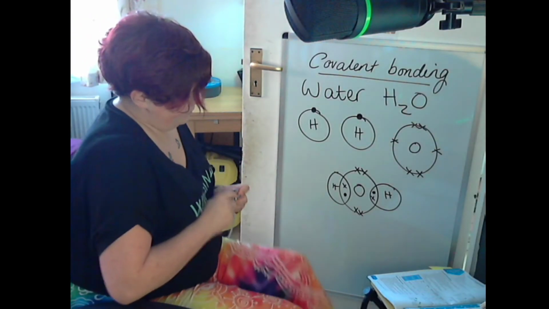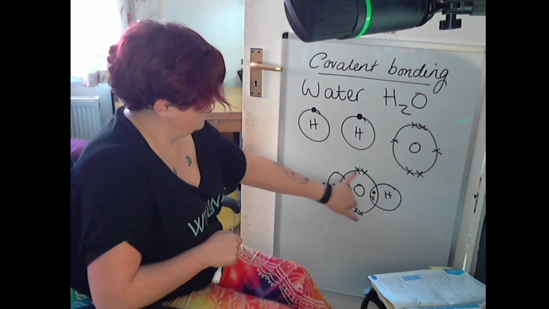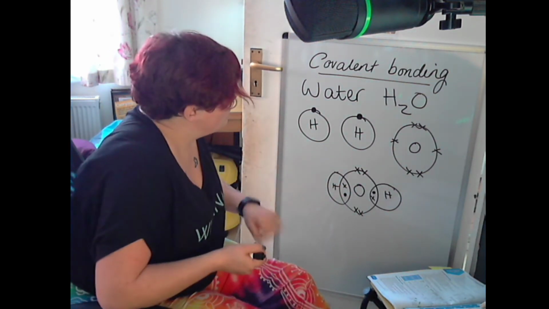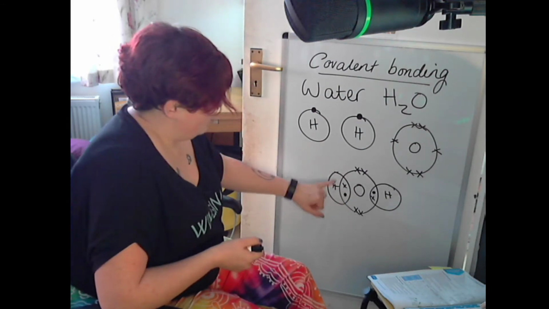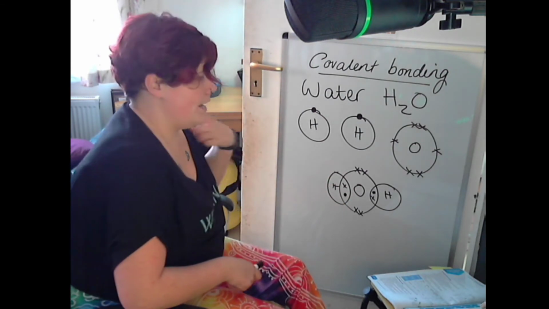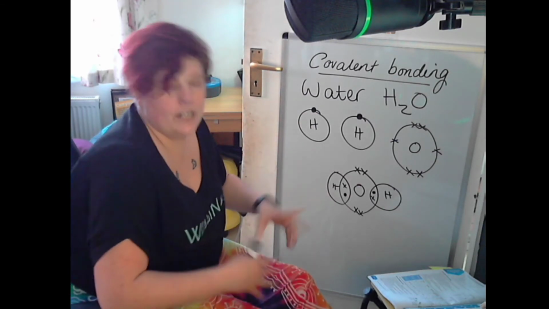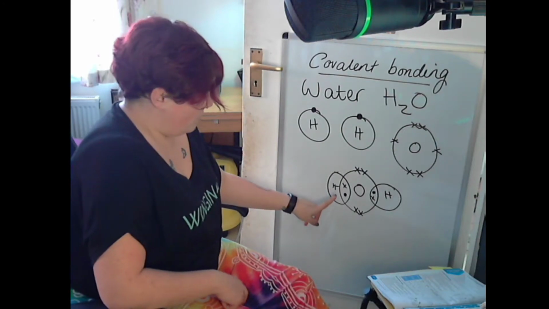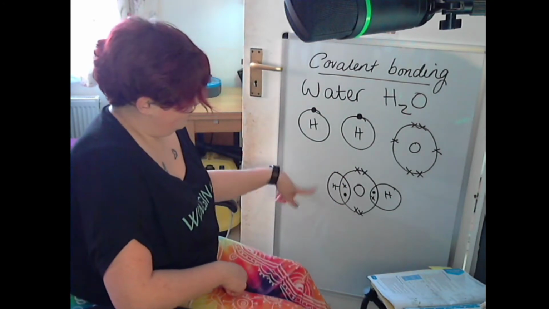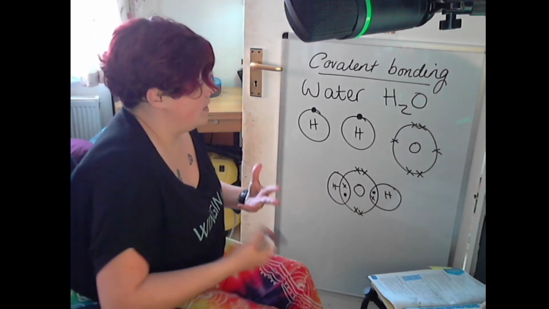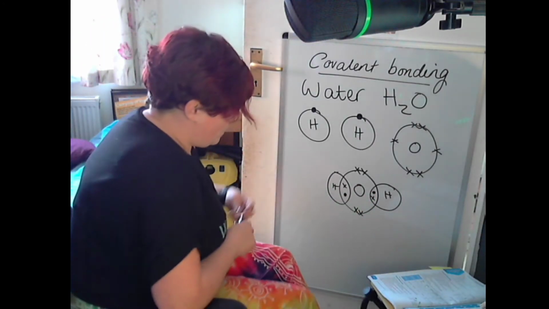So oxygen now has 1, 2, 3, 4, 5, 6, 7, 8. It's got a full outer shell. Hydrogen, you're only looking for 2 electrons, because hydrogen only has 1 shell of electrons, the inner shell only needs 2. So you have 1, 2, and over here 1, 2, and that's your water molecule.